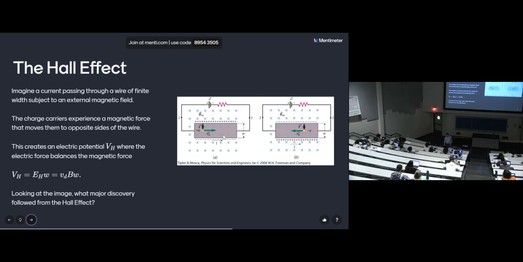Even though there is a maintained potential from the left side to the right side that's causing the current, you're going to get an additional potential across the top and bottom of this conductor. We call this secondary potential the Hall potential, and it is due to the Hall effect on the charge carriers in the conductor itself.